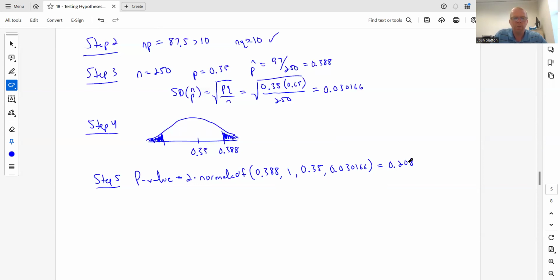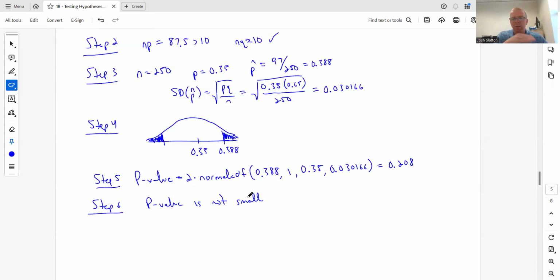And so we see that if you go to step 6, which is the conclusion, the p-value is not small. So if you remember, the standard value for p-value is 5%. We're going to get more into the 5% later in the next chapter, actually.